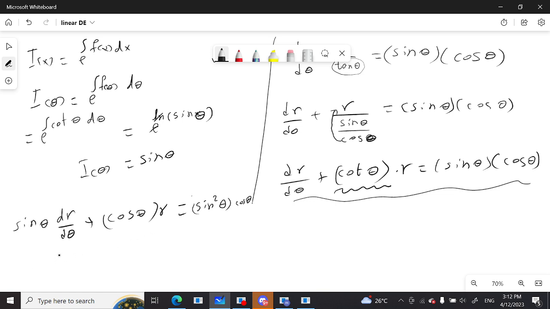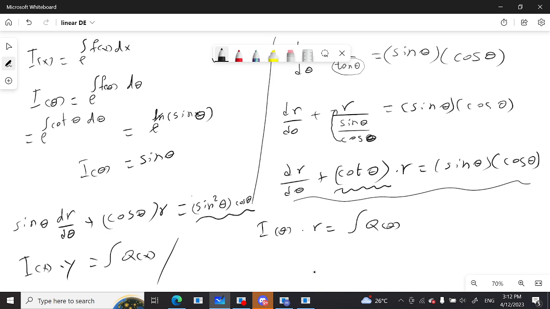Now the general solution will be given as I of x times y. I of x times y is equal to the integral of q of x. In our case, it's I of theta multiplied by r, and it's equal to the integral of q of theta, and that's our q of theta.